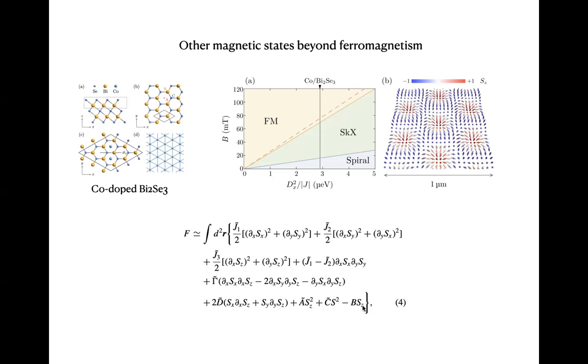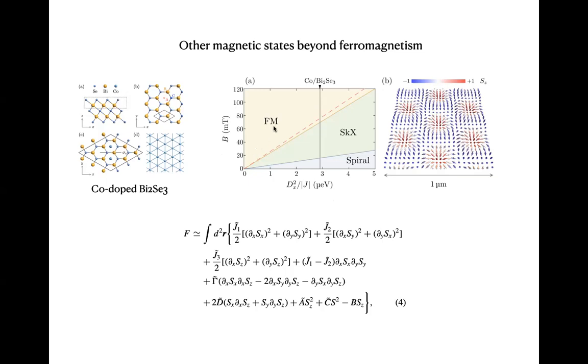And we couple to the magnetic field. Also, there is a single-ion anisotropy because of the threefold rotational symmetry allowed on the surface of bismuth selenide. Once we obtain this free energy, one can work out the generic phase diagram as a function of magnetic field and as a function of this DM type of term.